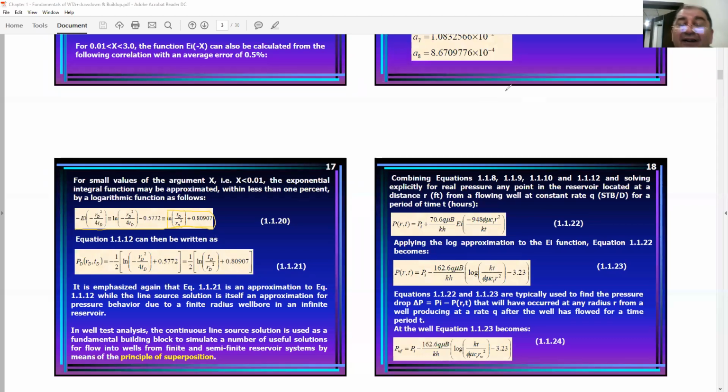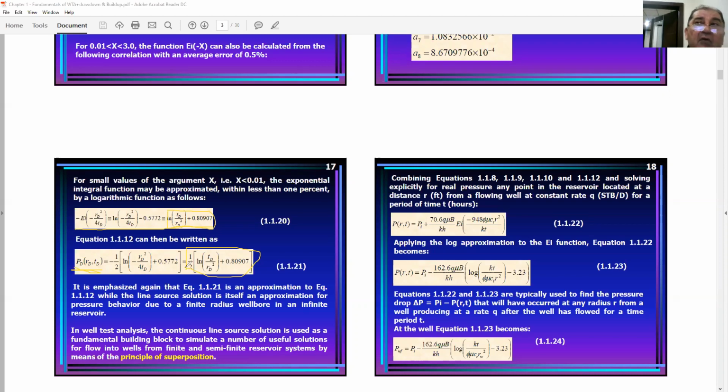Okay. So when x is less than 0.01, the EI function can be estimated using the logarithmic approximation: ln TD divided by RD squared plus 0.80907. So the pressure can be written in this shape. If you get back to the solution, you have minus half EI function of minus RD squared divided by 4TD.